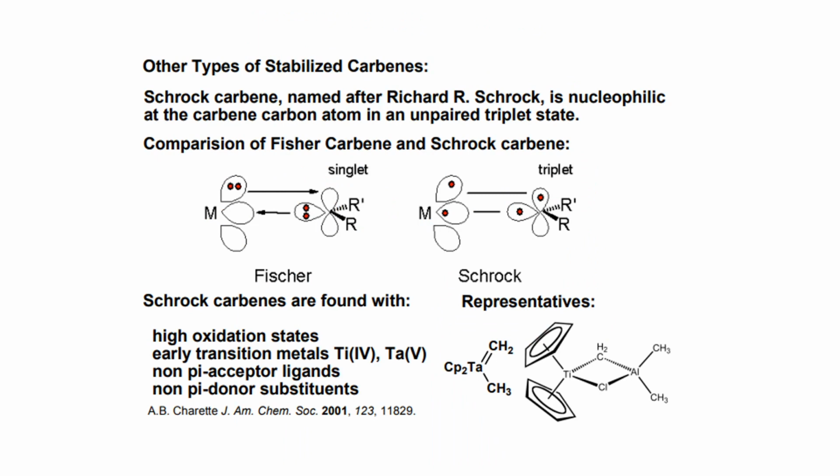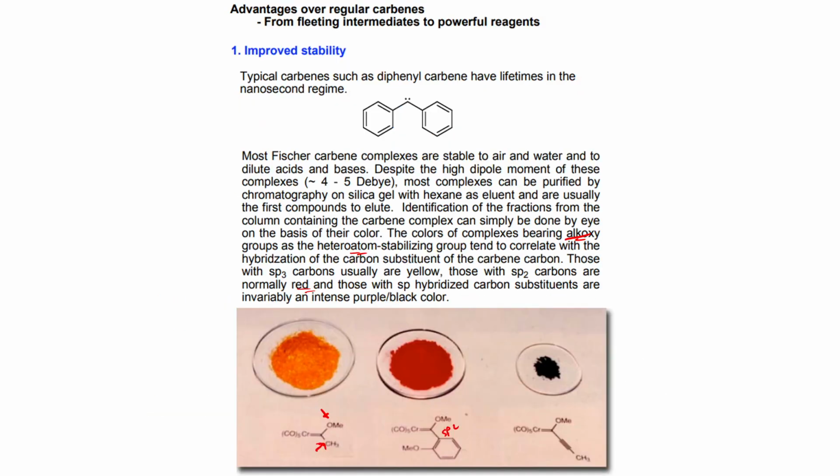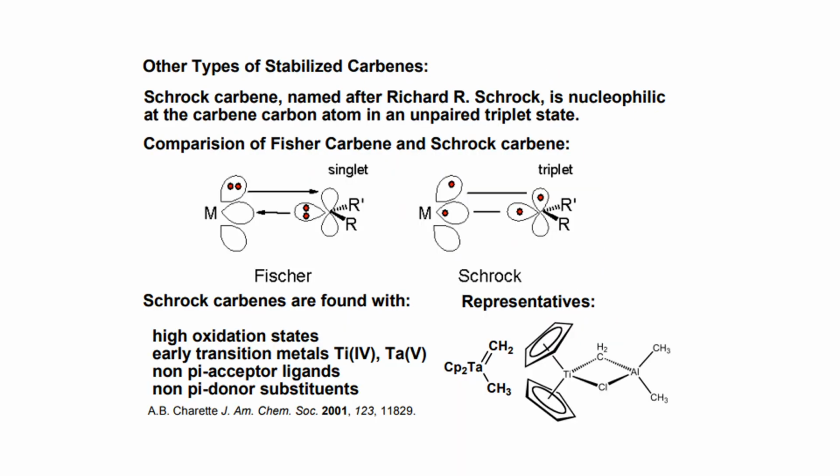And the features: for this kind of Schrock carbene you are expecting the metal center to have a high oxidation state, like titanium, tantalum, this kind of species. And for Fischer carbenes, this kind of chromium based species are used.